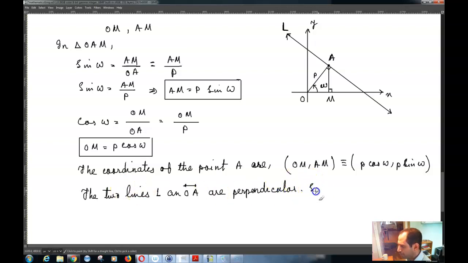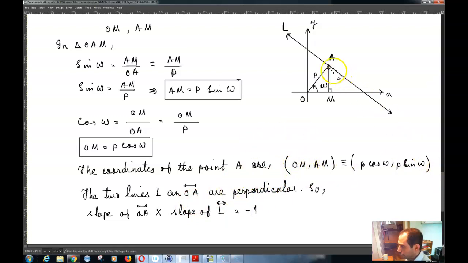So you can say that the slope of OA times the slope of line L is equal to -1, because they are perpendicular.